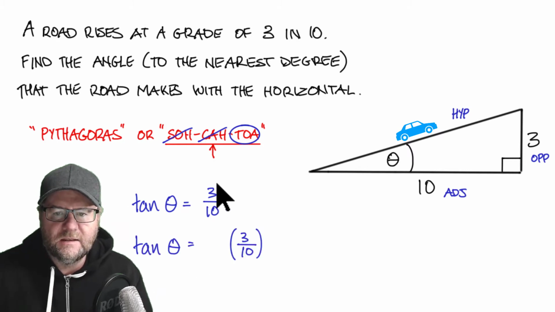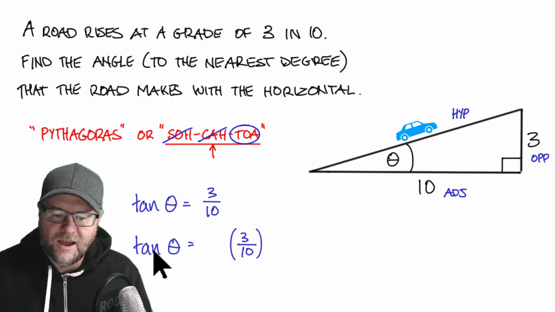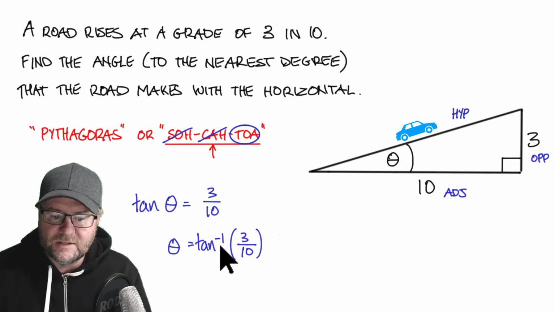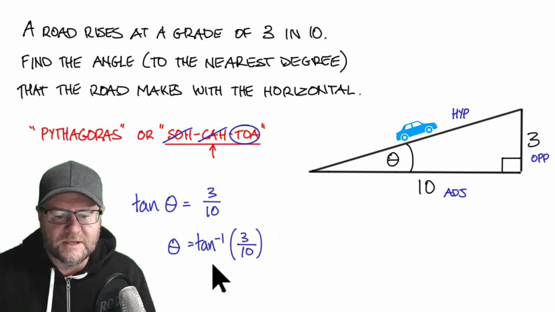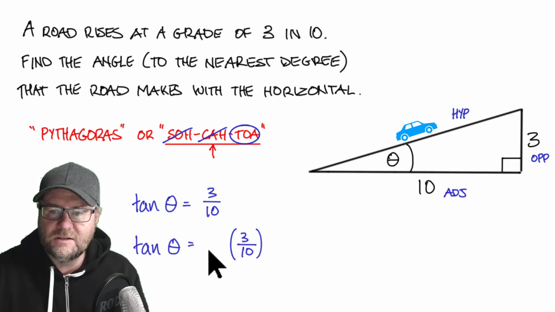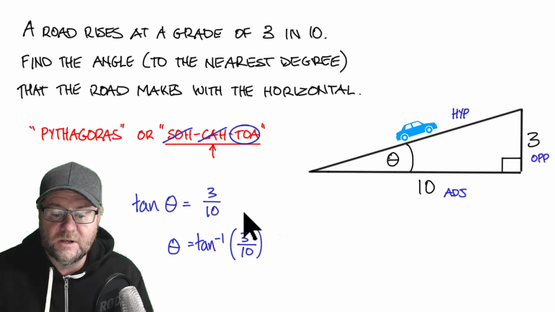I'm just going to slide this fraction across a bit to make some room because I want to bring this tan across to the other side. And when I bring a trig ratio across the equal sign, it becomes its inverse. So in this case, it becomes inverse tan. I'm just going to go back and do that again. When I bring the tan across, it goes from a tan to an inverse tan. And I've got the angle here on its own. This is something you put in your calculator.